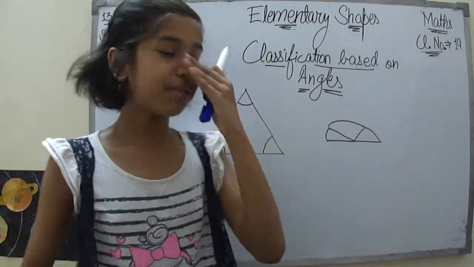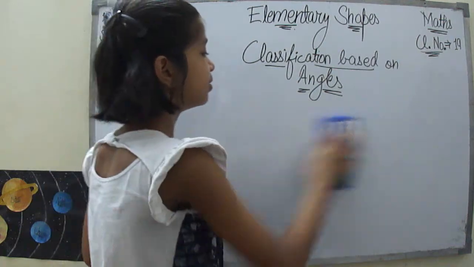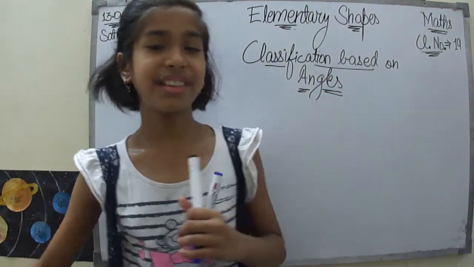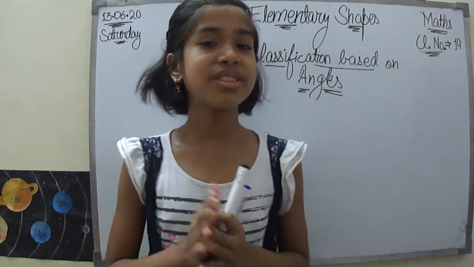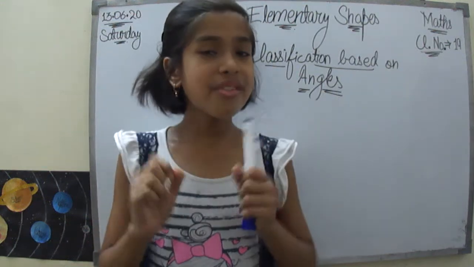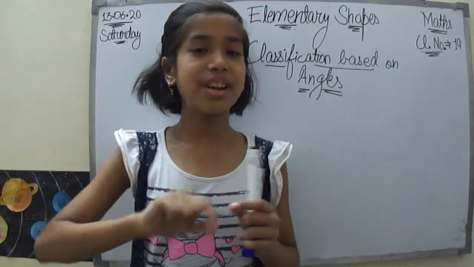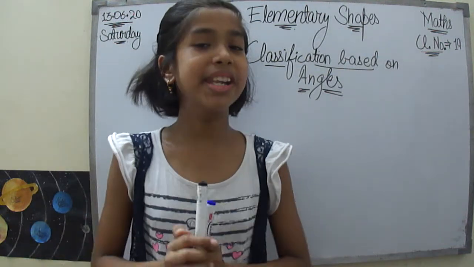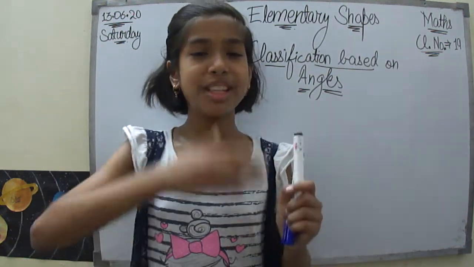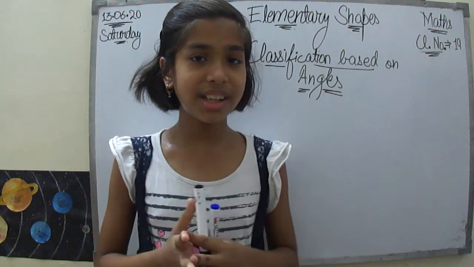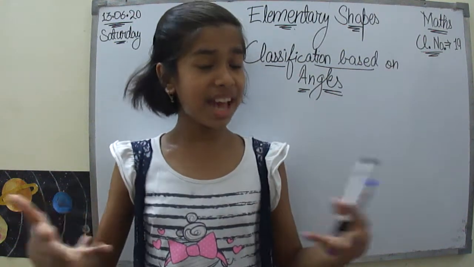So, what could be the possibilities now? If we know that all the angles are going to sum up to 180 degrees, the possibilities could be that a triangle could have 3 acute angles, right?